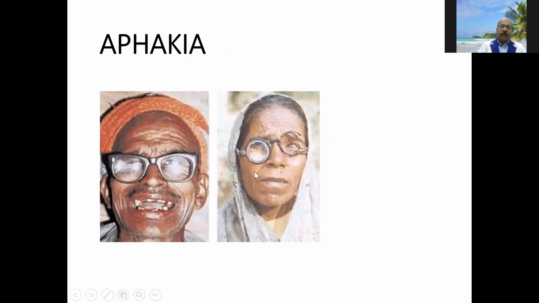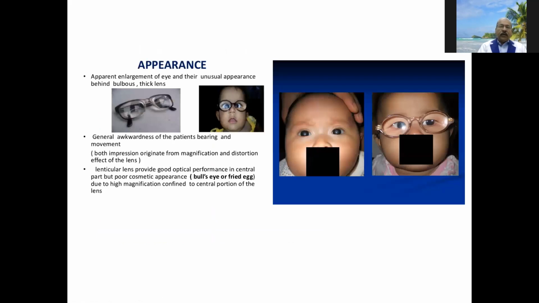These are the old time pictures where a plus 10 thick lens used to be given. The eye used to look enlarged, a very big size of eye, because seeing through a plus 10 lens, there would be enlargement of the size of image.